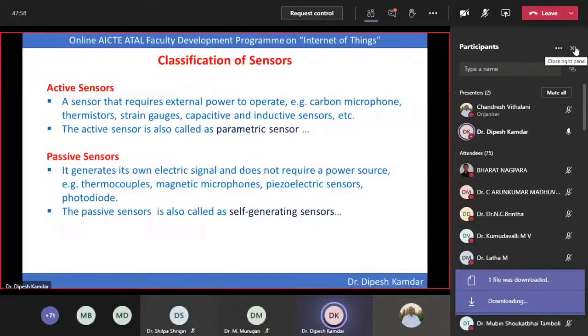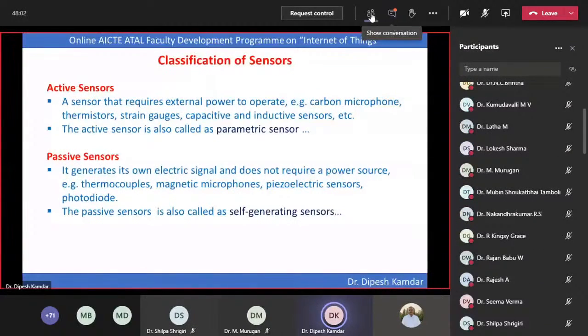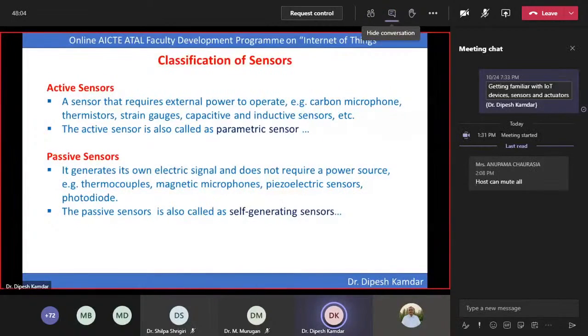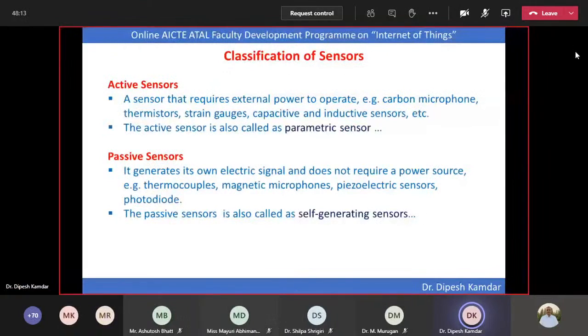The passive sensors are sensors which do not require external power supplies, like a thermocouple. It works on the temperature difference between the two ends, and it generates a potential difference between the two terminals of the couple, and you can measure that potential difference and get the output.